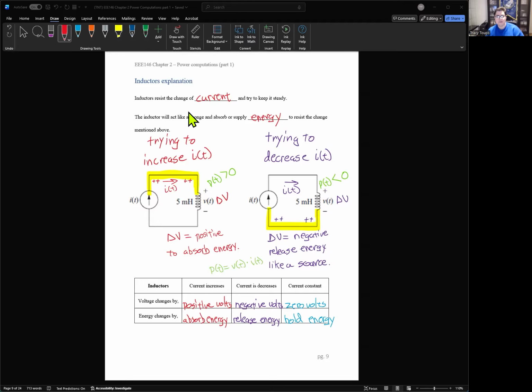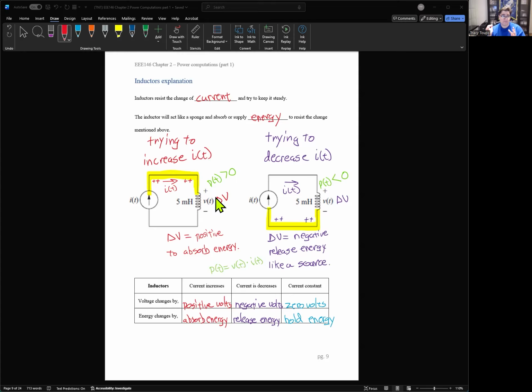Okay. So number one thing to know, inductors always resist the change of current and try to keep it steady as much as possible. The inductor will always act like a sponge and absorb or supply energy into or out of the circuit to resist the change in the current. So the inductor has like a room for energy.